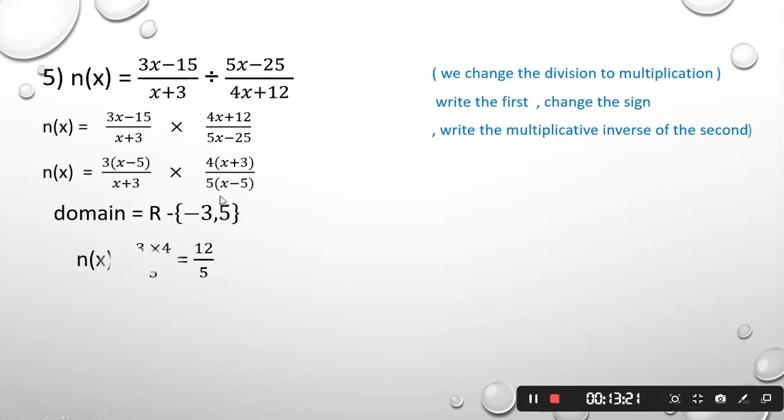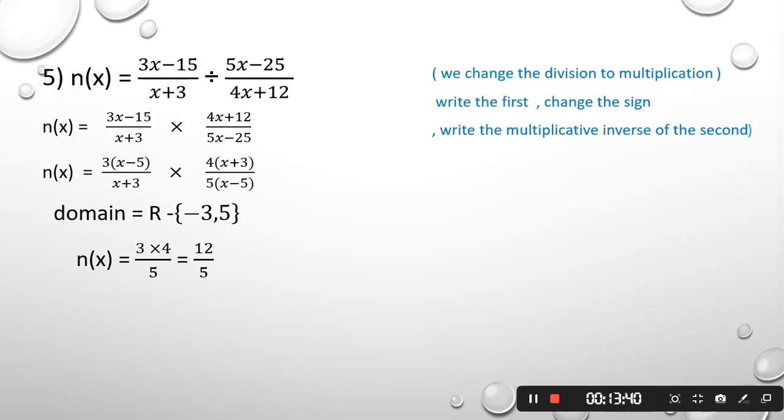Then we cancel the common factors, x minus 5 with x minus 5, x plus 3 with x plus 3. So the remaining part is 3 times 4 over 5, equals 12 over 5. It's very important when we find the domain in division.